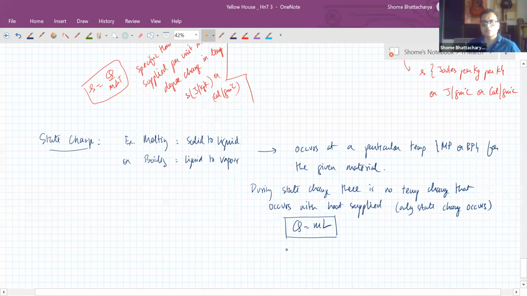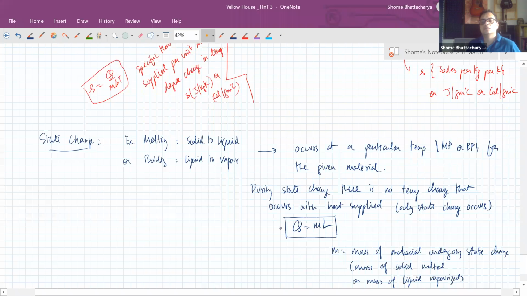Okay. So M is the mass of material undergoing state change. That is the mass of solid melted or mass of liquid vaporized.